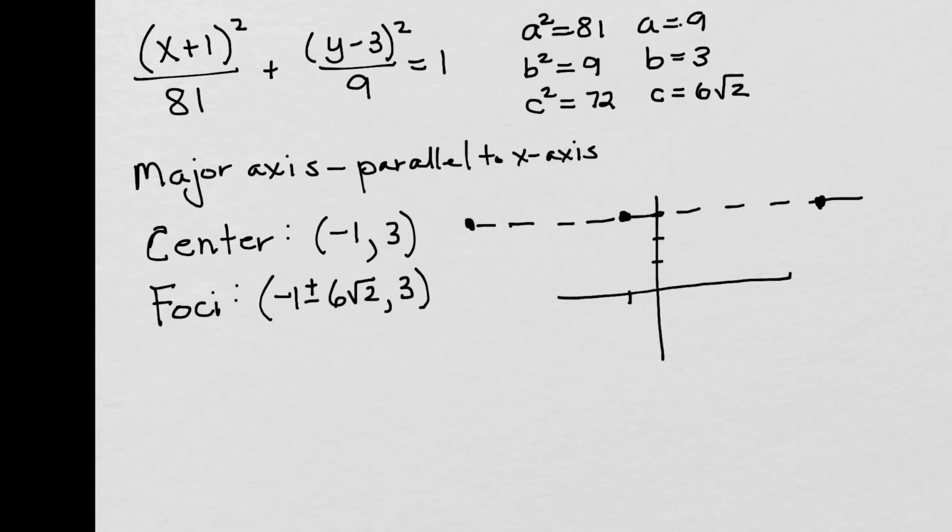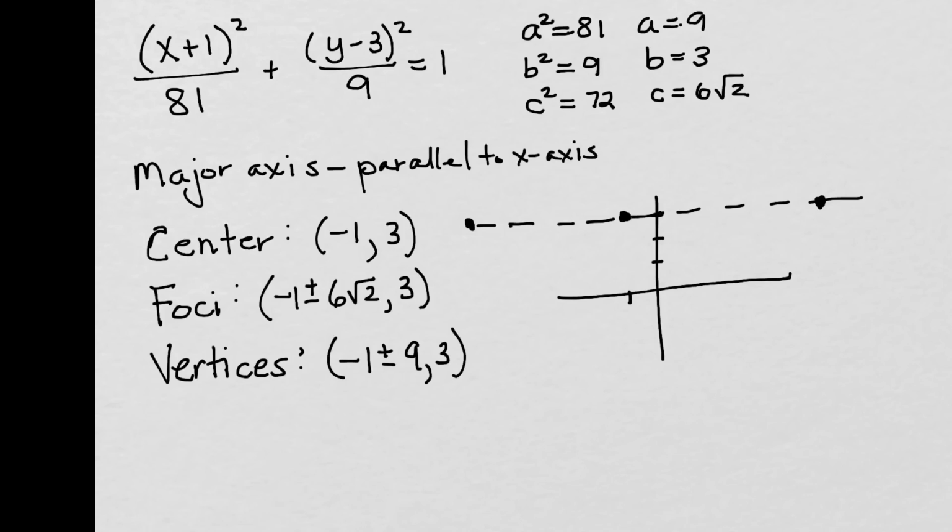And then our vertices. We're going to do roughly the same thing. I'm going to start with my center, but now I'm adding and subtracting the value of a. So since a is 9, now here I actually have a whole number, so I'm going to write these as 2 separate points.